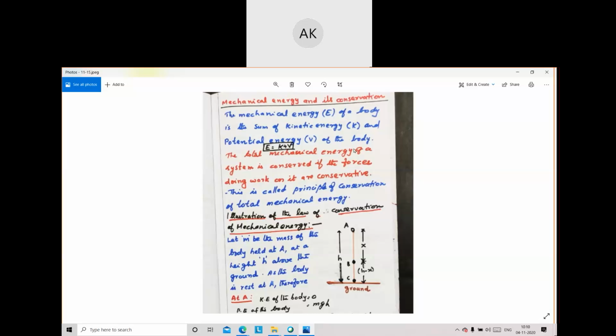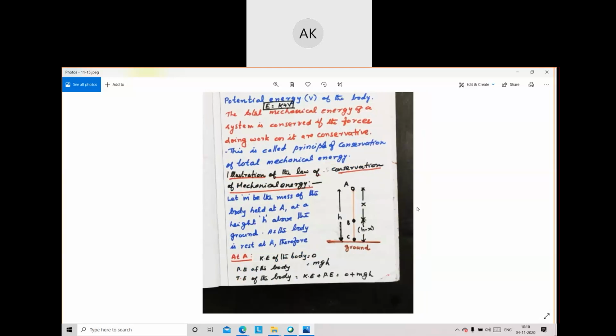Gravitational potential energy is equal to mgh. Then total energy means what? Sum of kinetic energy and potential energy. That is mechanical energy. So here we are discussing a case of a freely falling body.